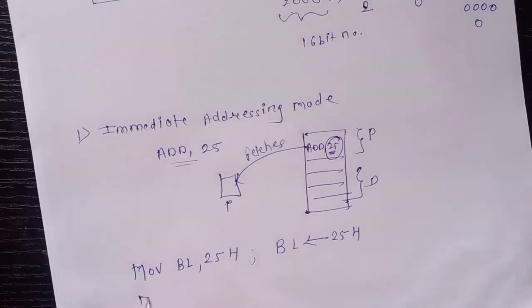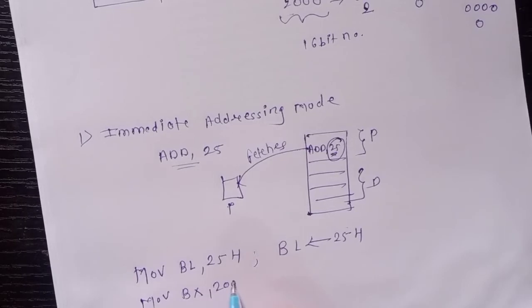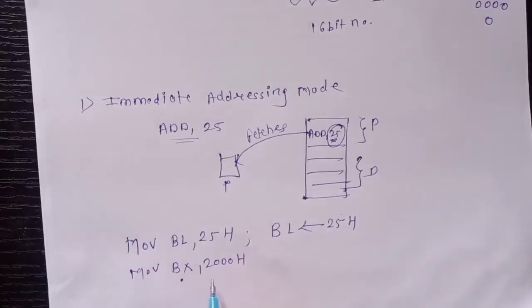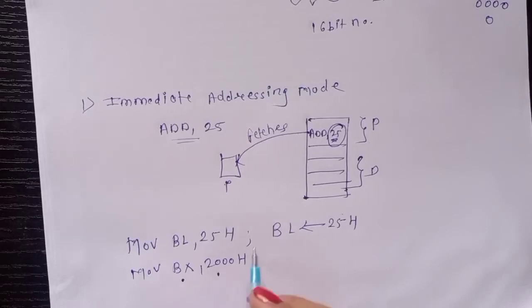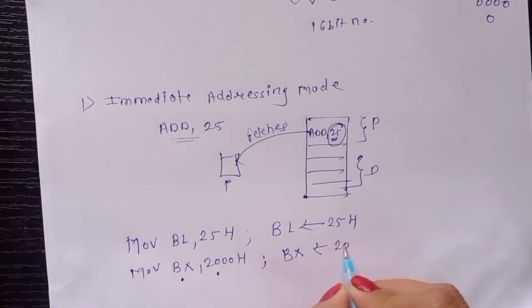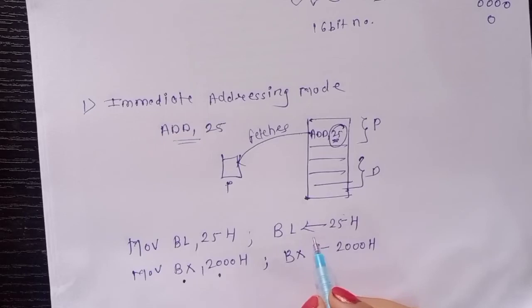Again, MOV BX, 2000H. As BX is a 16-bit register, that's why we are providing 16-bit data. It means that BX will get the value 2000H. So MOV into BL and MOV into BX. So what will be the output of this instruction?